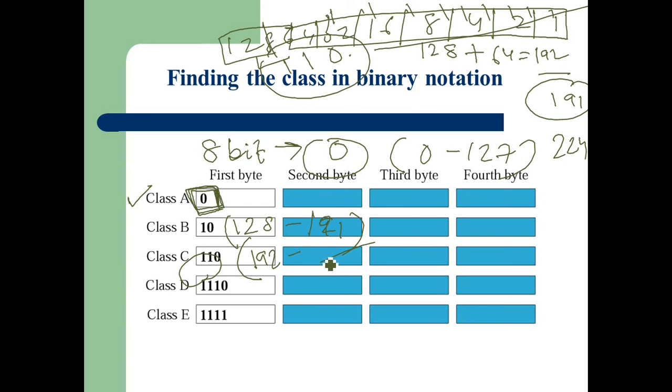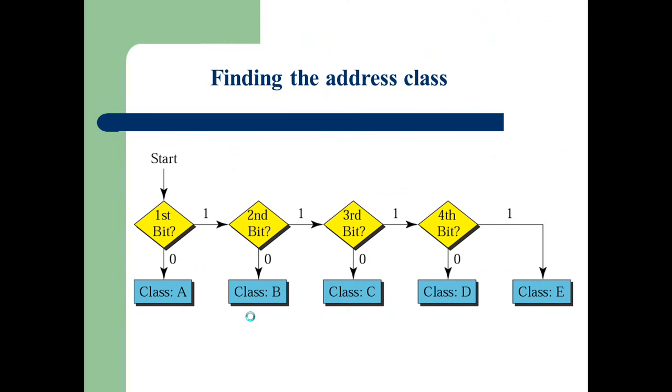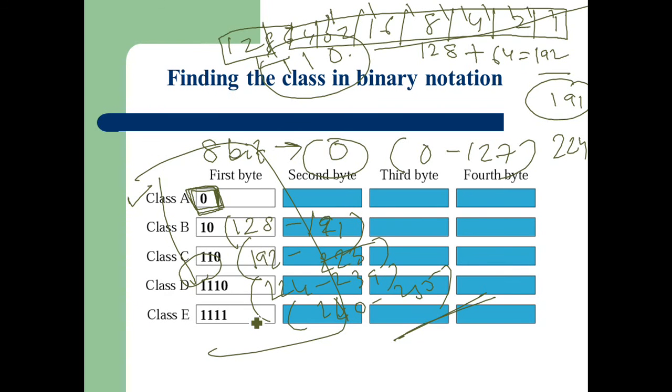So it will be in between 192 to 223. Class D, then again 224 to 239, and this will be 240 to 255. Like that, by seeing the first 8 bits, I can classify, I can actually split this entire range of IP address space into 5 different classes.